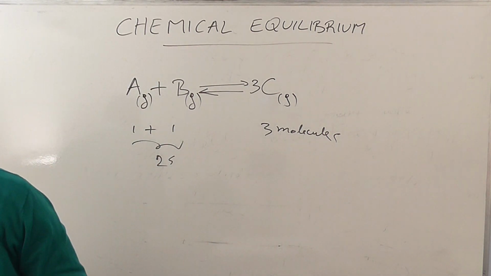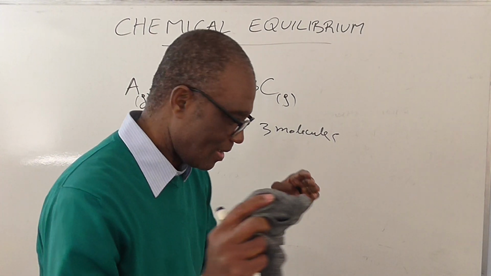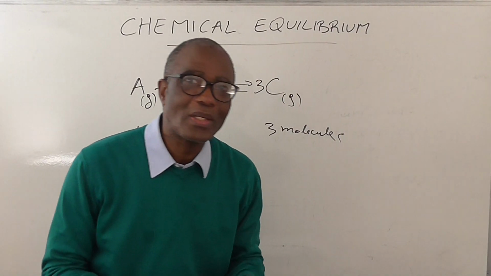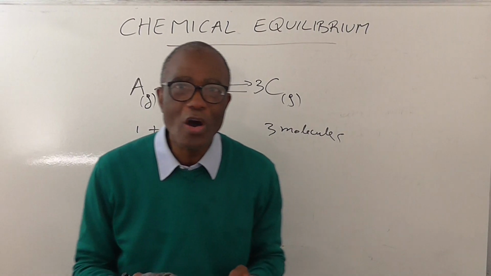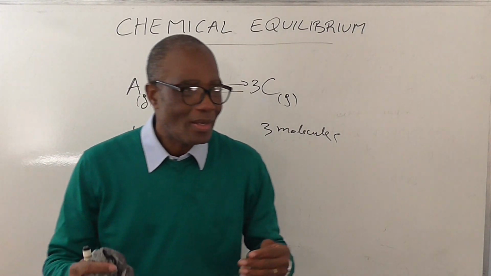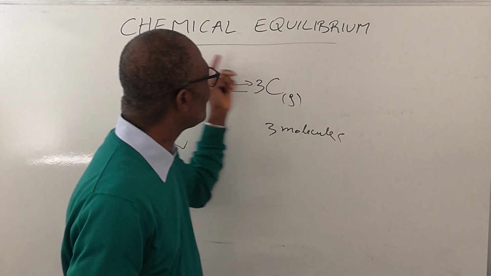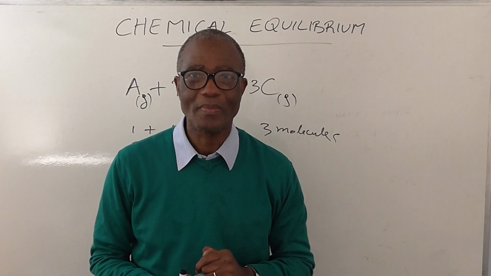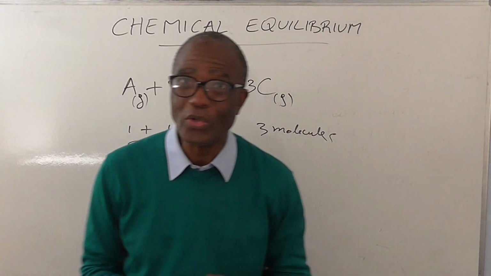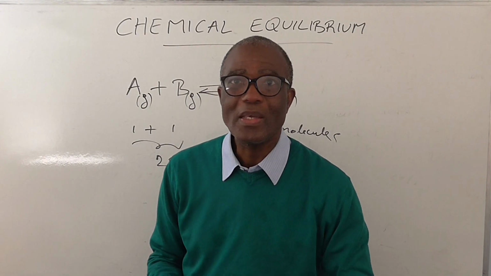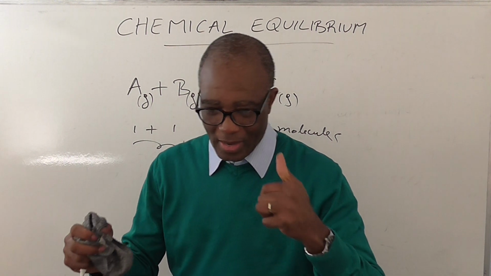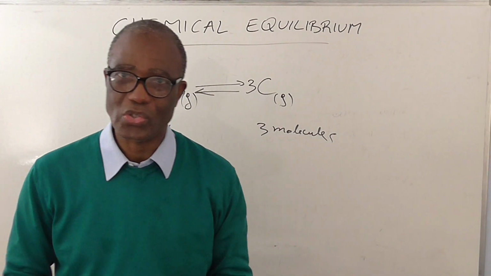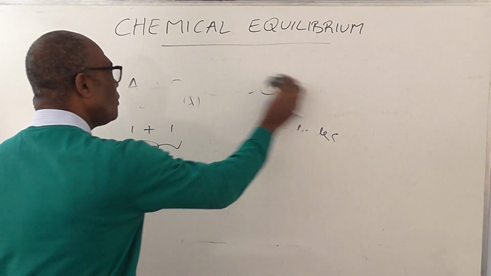And as I say, we cannot study chemical equilibrium without mentioning Le Chatelier. But there is also another thing that we need to know here, which is the Haber process of production of ammonia in industry.